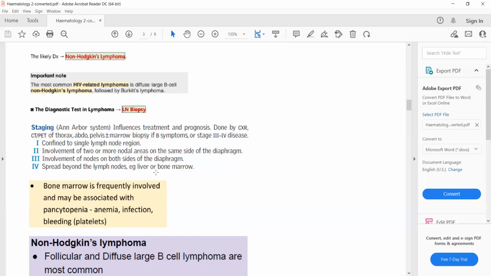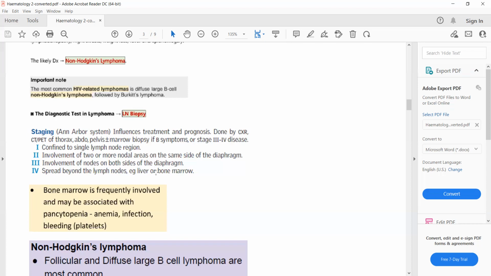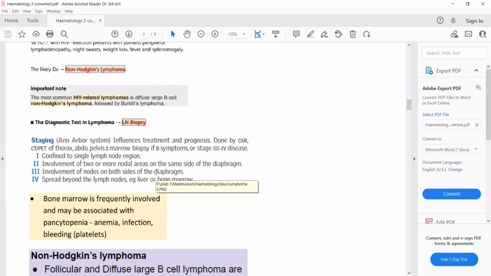Burkitt lymphoma will not be given together with non-Hodgkin lymphoma. Either Burkitt lymphoma will be given or non-Hodgkin lymphoma will be given. It's a type of non-Hodgkin lymphoma. So non-Hodgkin lymphoma contains large B cell lymphoma and Burkitt lymphoma. The findings will be the same, lymphadenopathy and B symptoms.